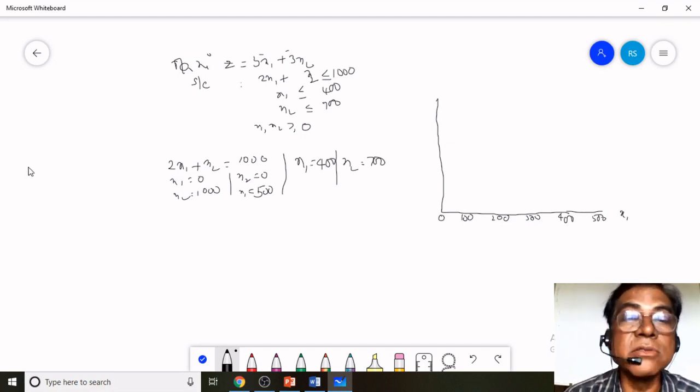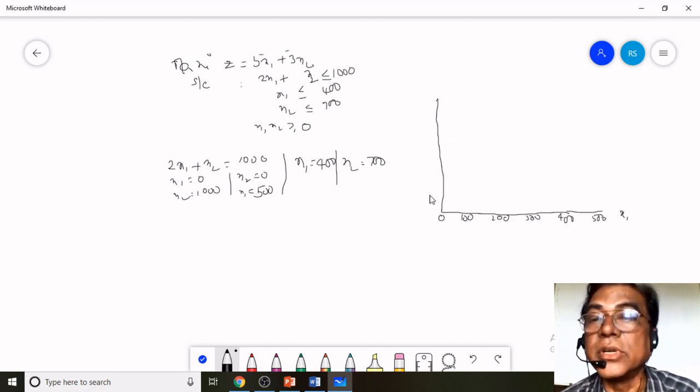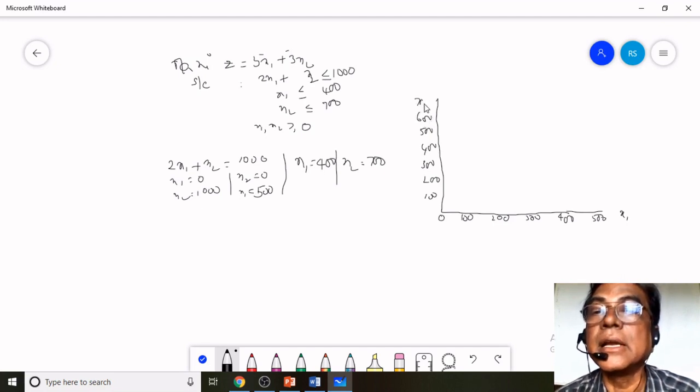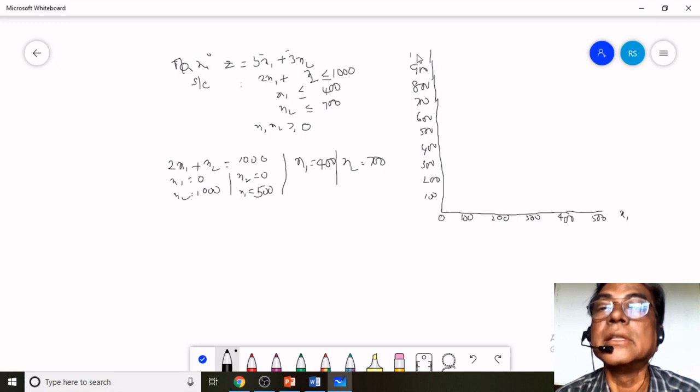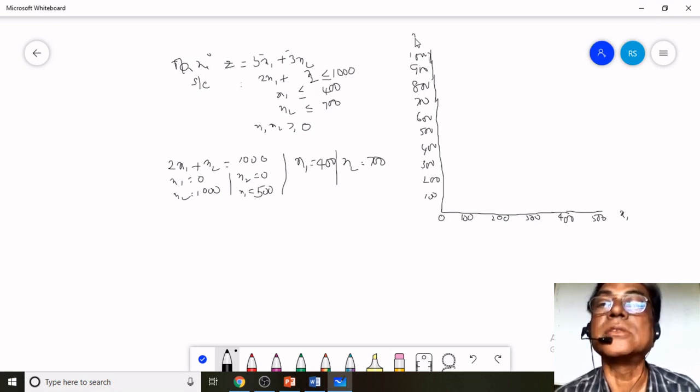In x2, the maximum value is 1000, so better to take the same scale: 100, 200, 300, 400, 500, 600, 700, 800, 900 and come to the point 1000. So this is the x2.